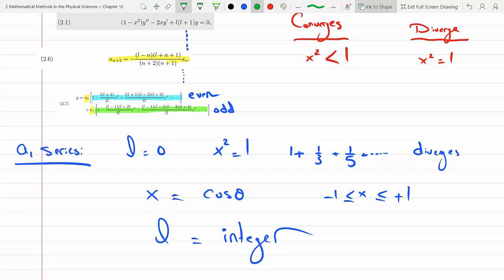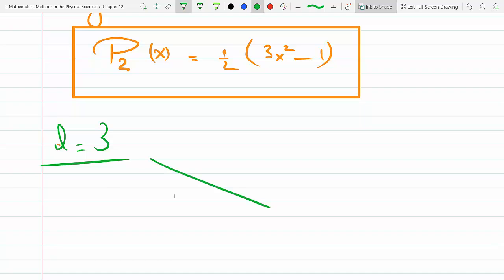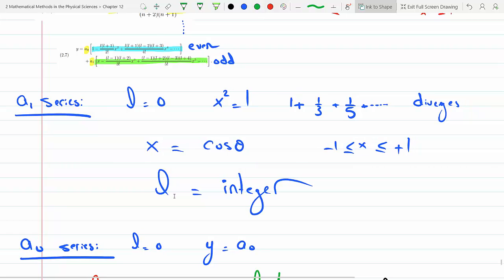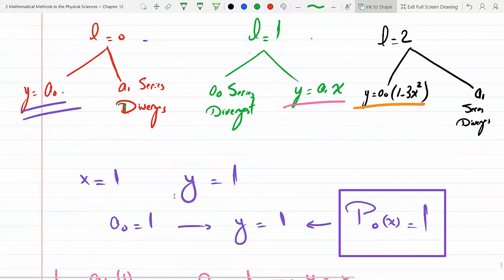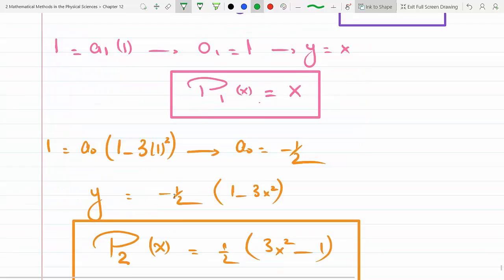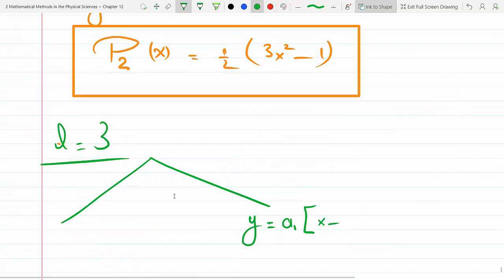So with the A1 series, you will get y equals A1 times x minus, let's plug in the 3 now. 3 plus 2 is 5, 3 minus 1 is 2, so 10 over 6, which is 5/3 x cubed.